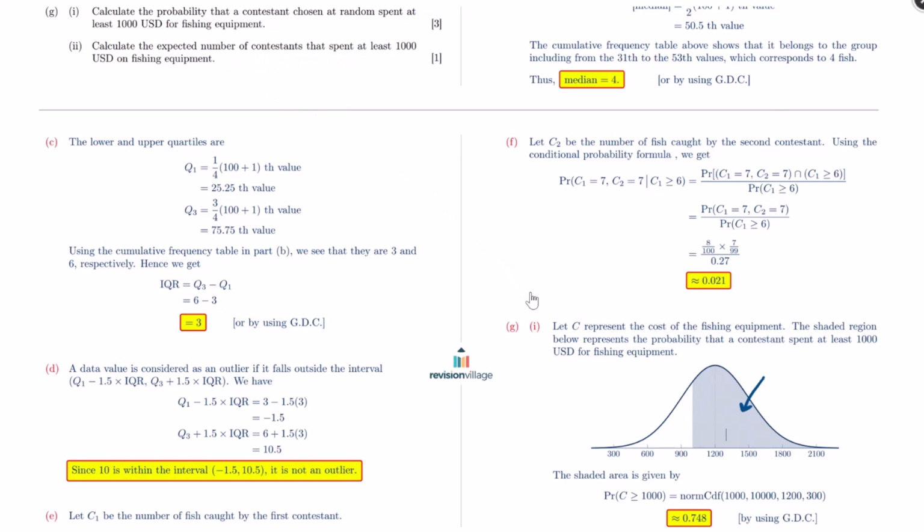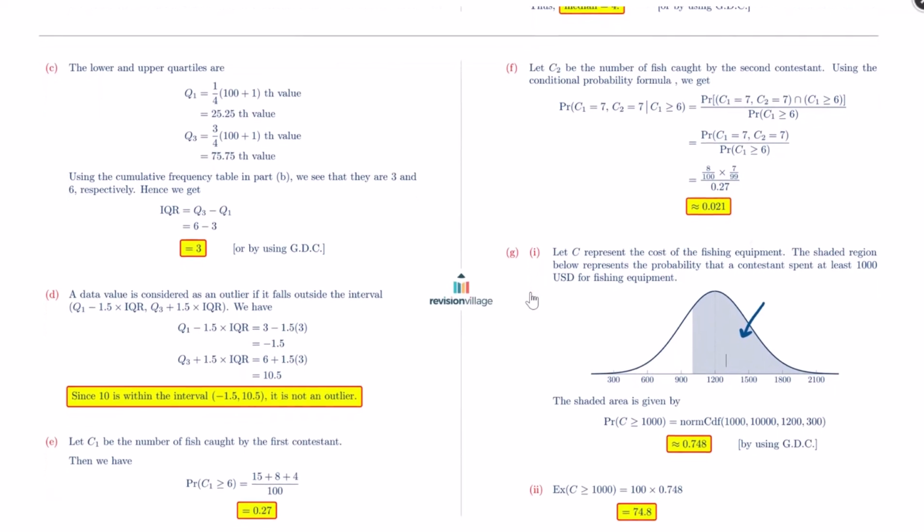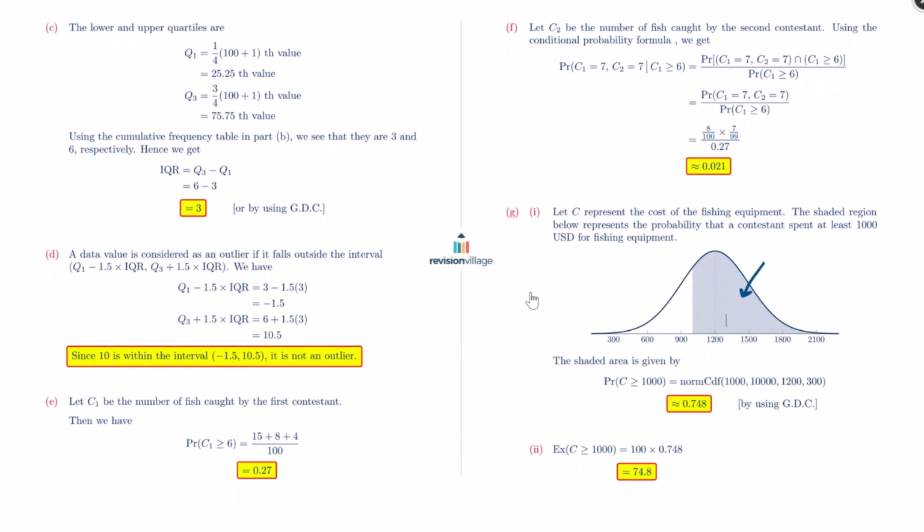We found the probability that a randomly chosen contestant would spend over 1,000 is 0.748, and we also know that there were 100 contestants. So the expected number is the total number of contestants, 100, multiplied by the probability we are interested in, 0.748. If we do that multiplication, we get 74.8.